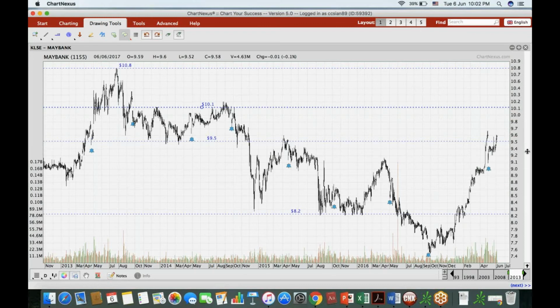What does the blue bell in the chart represent? The blue bell represents a special event, like a dividend, where they give you dividend, or they do a stock split. Next question, is ChartNexus a free software? Could you suggest any other website or software for technical analysis? For me, I use ChartNexus because it's free, but it's free for 3 years of data. If you want historical data, you need to pay for it.